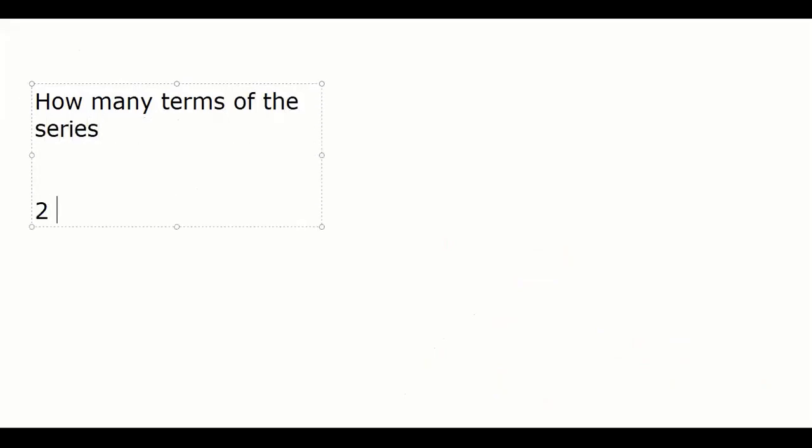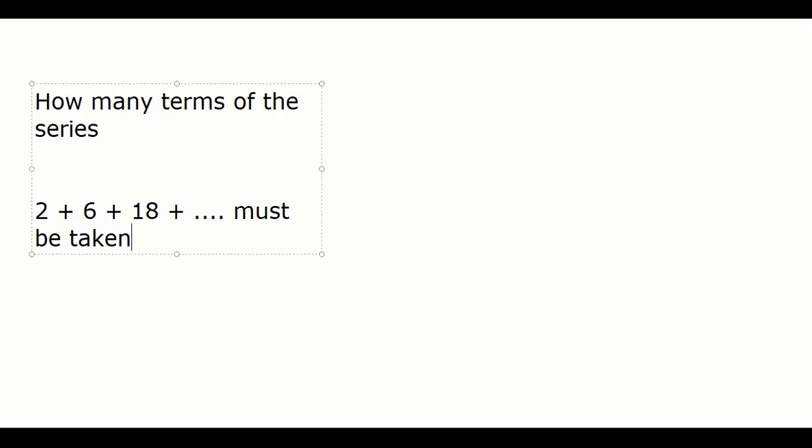How many terms? No, I'm not going to give you any hint. First you start it. How many terms of the series 2 plus 6 plus 18 plus something must be taken to make sum equal to 728?